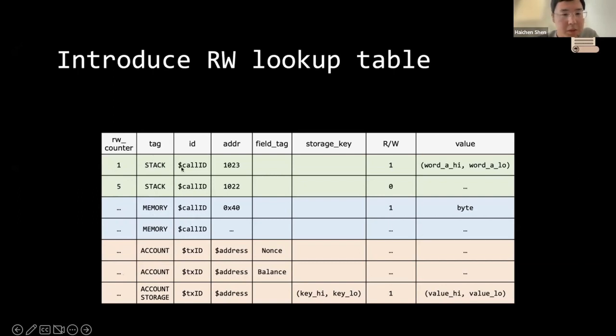For the stack and memory, you differentiate by the call ID, as I mentioned before. In multiple different calls, you can use the same address, but they correspond to different values.